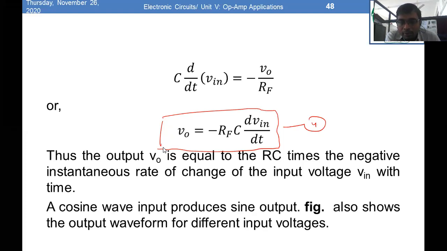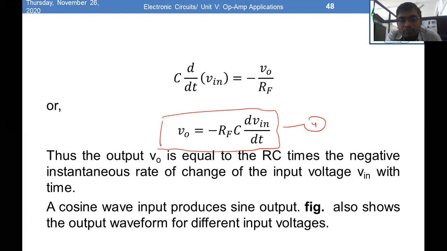And from equation number 4, it is very much clear: output voltage is the differentiation of the input voltage with respect to time. So a cosine wave input produces a sine wave output, because we take d cos theta upon d theta, so it becomes a sine theta.